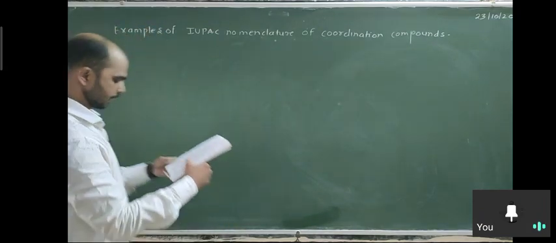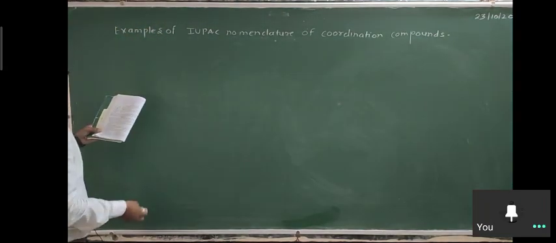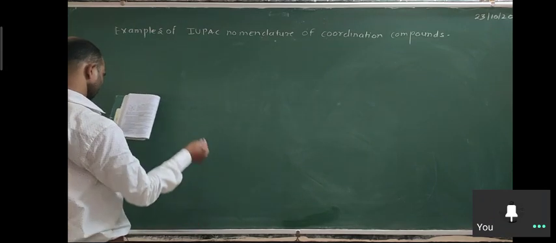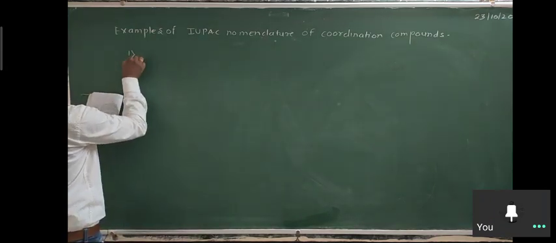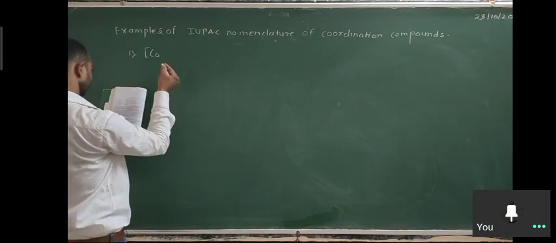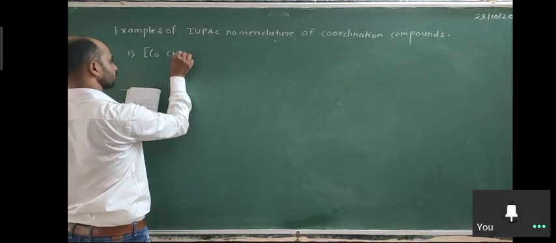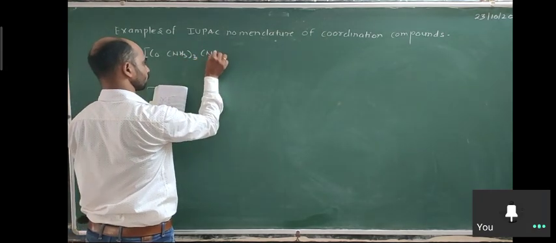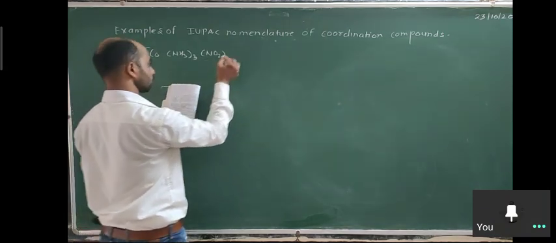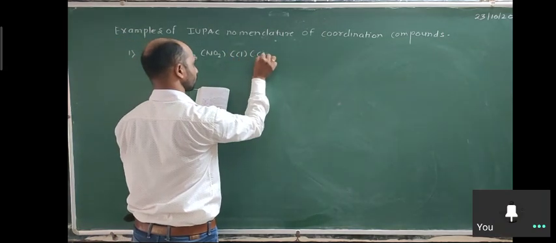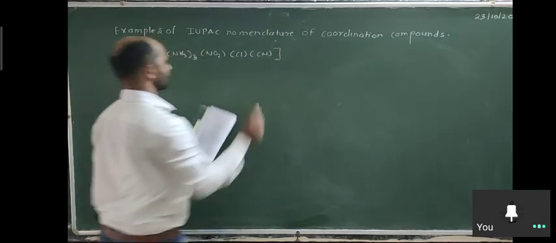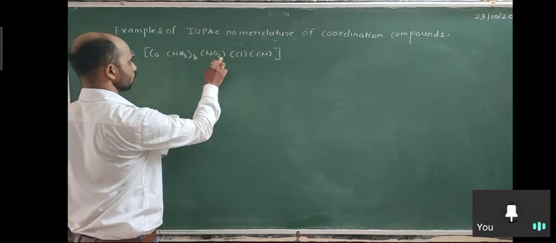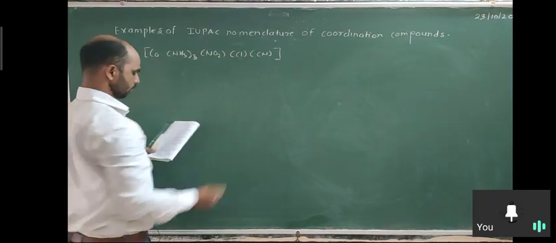The first example given to you is Co(NH3)3(NO2)Cl(CN).